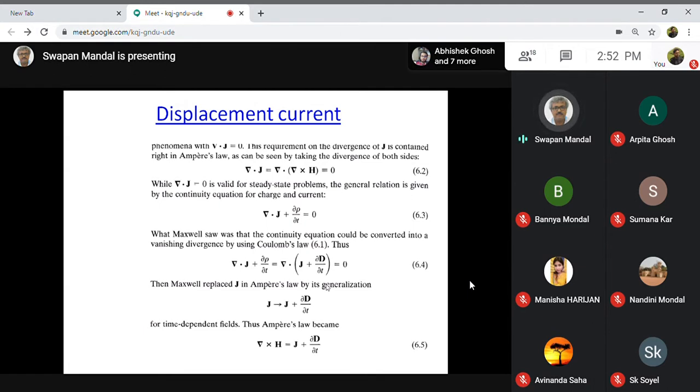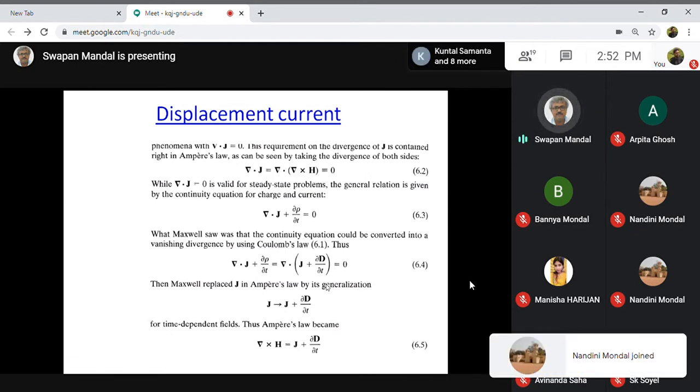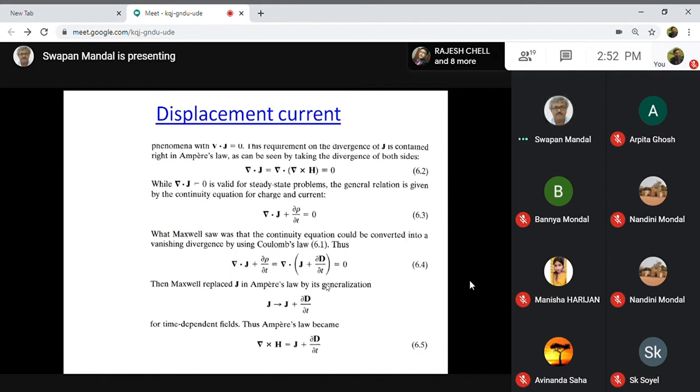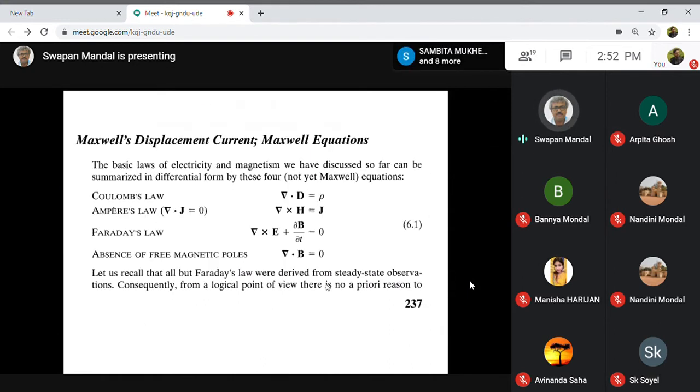Therefore, Maxwell proposed that Ampere's law should be modified, in such a way that the equation of continuity is respected. In doing so, he replaced the current density J by the new current density J plus ∂D/∂t.